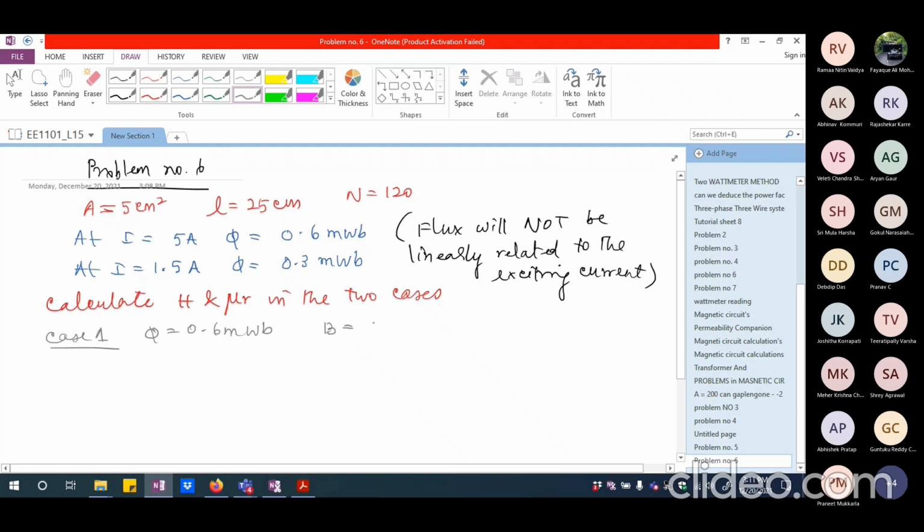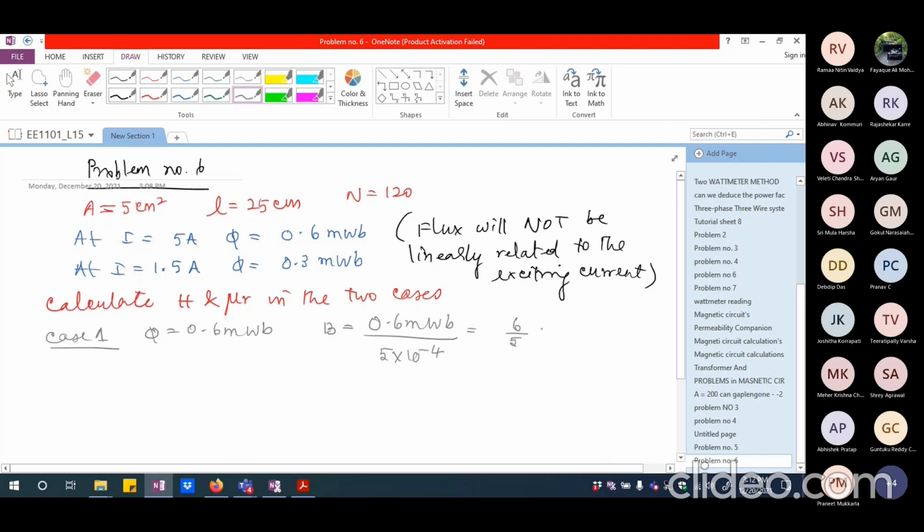So B is going to be 0.6 milliweber divided by the area of cross section, which is 5 multiplied by 10 power minus 4. So I'm going to get essentially 0.6 into 10 power minus 3 or 6 into 10 power minus 4.